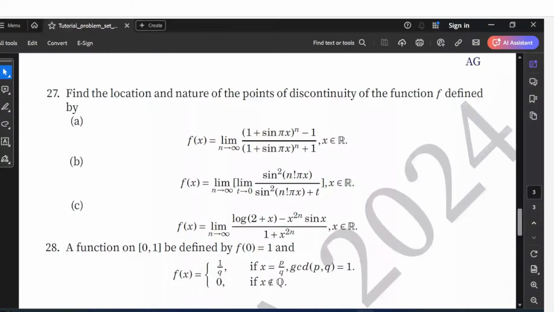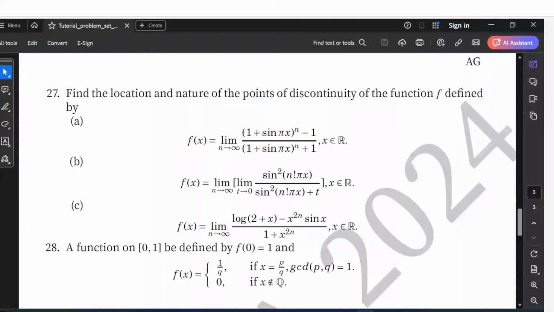Okay. We have to discuss it. So f(x), what is the question number? 27. Okay, 27A.